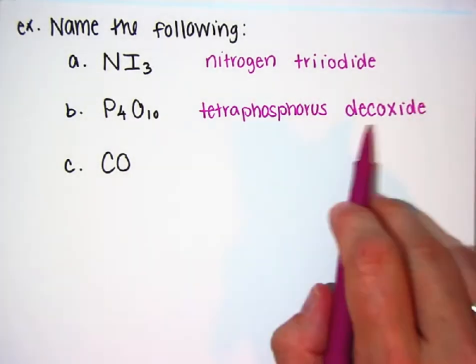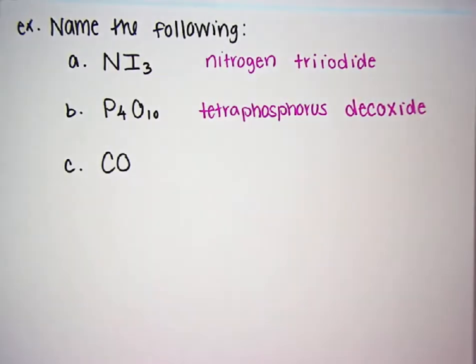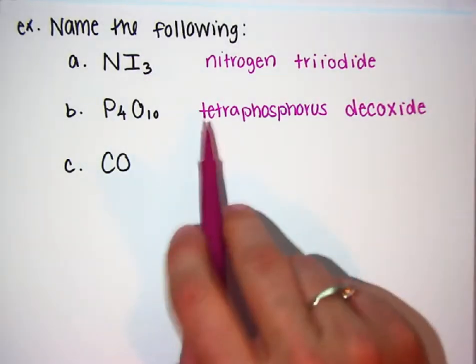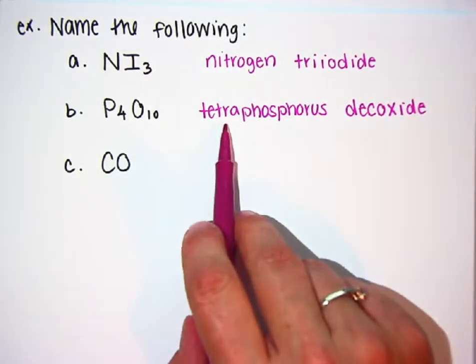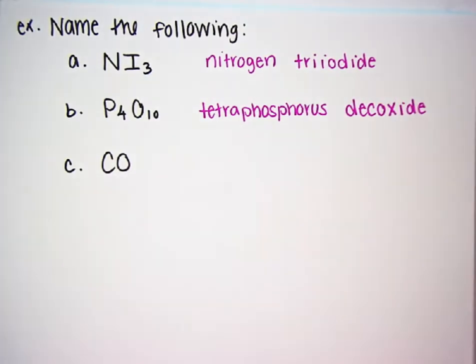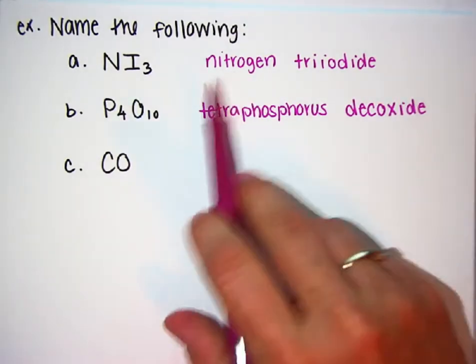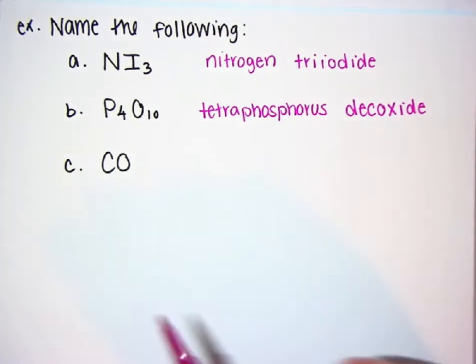Tetraphosphorus decoxide. I do use a prefix before phosphorus. The only time that we are not using a prefix is if there is one of the first element.